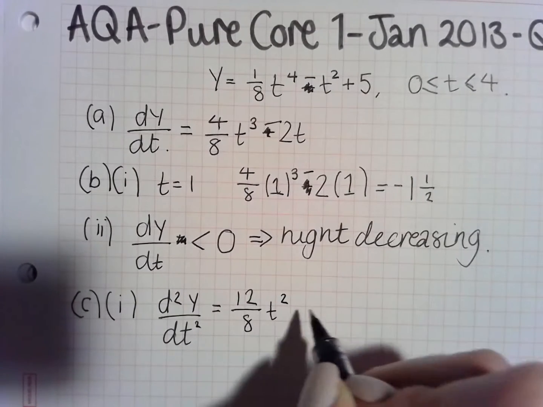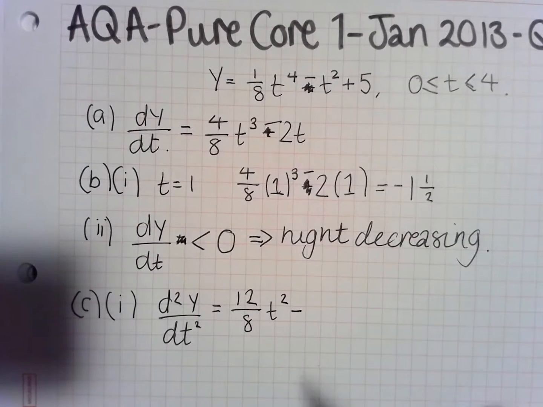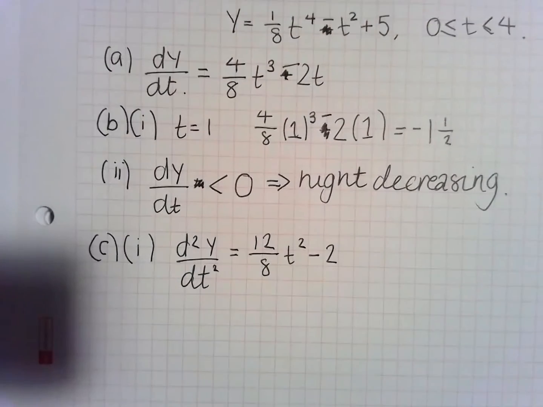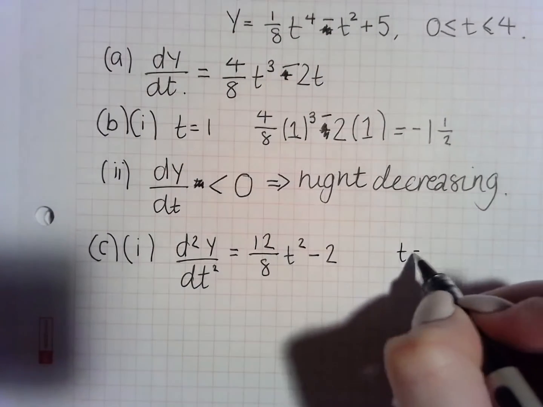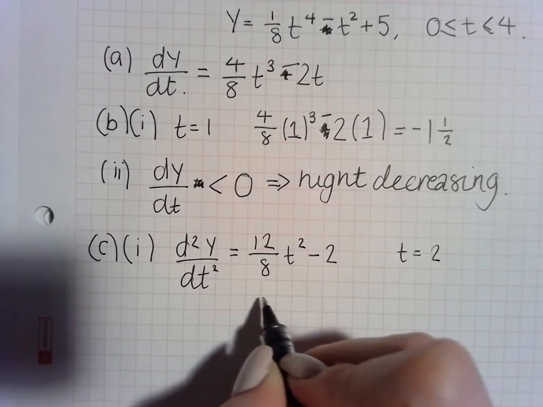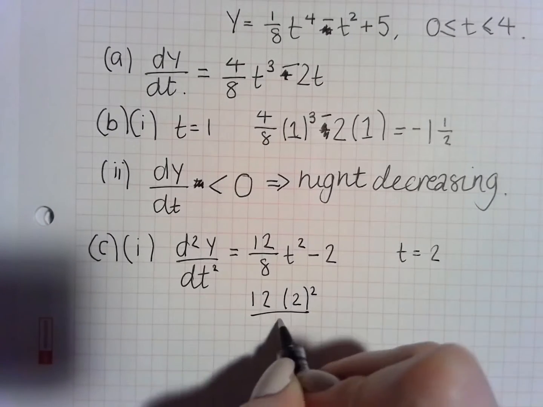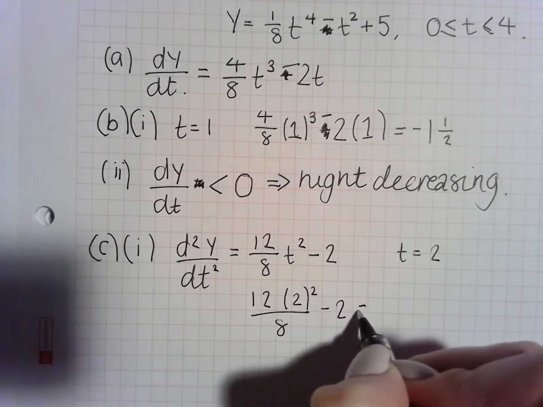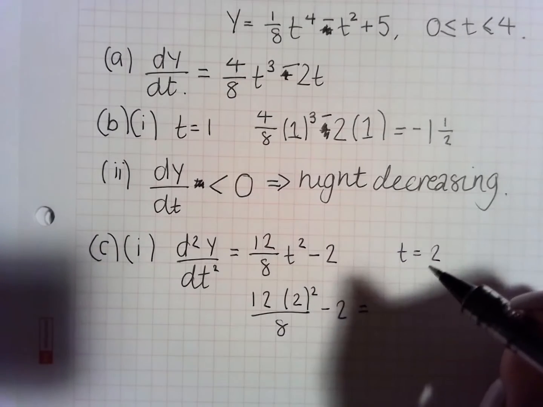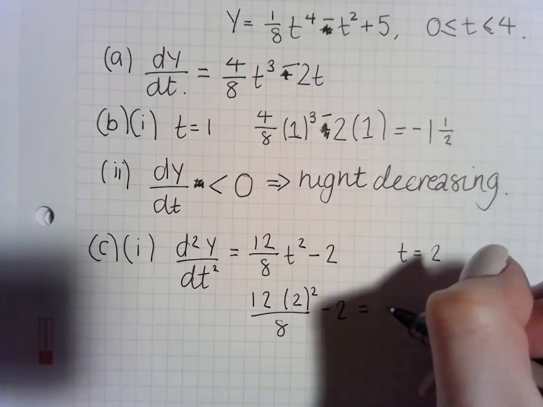Remove 1 from the power, that makes that 2, minus 2. Then it says find the value when t equals 2, so we're just going to sub 2 into that. So 12 times 2 squared divided by 8 minus 2 equals 4.